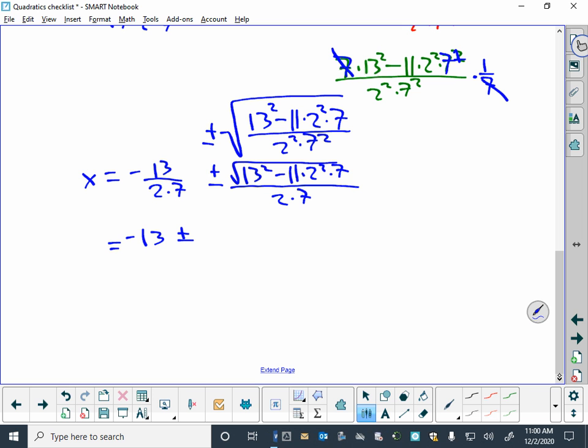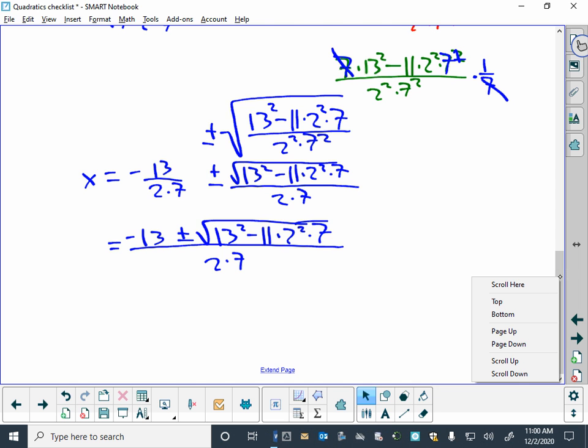So negative 13 plus or minus the square root of 13 squared minus 11 times 2 squared times 7 all over 2 times 7. That's two different answers, one when I add, one when I subtract.